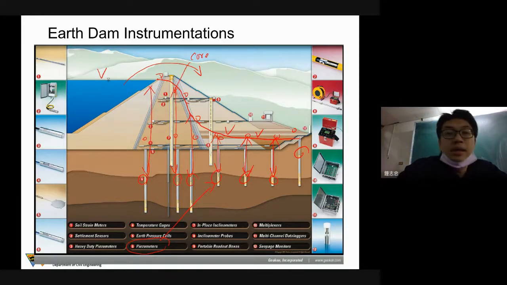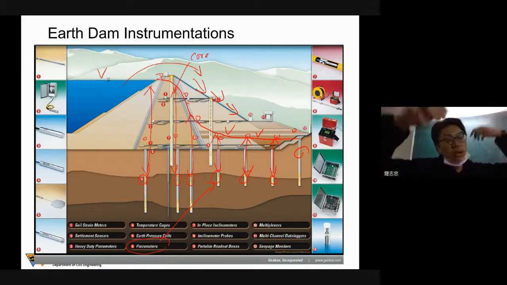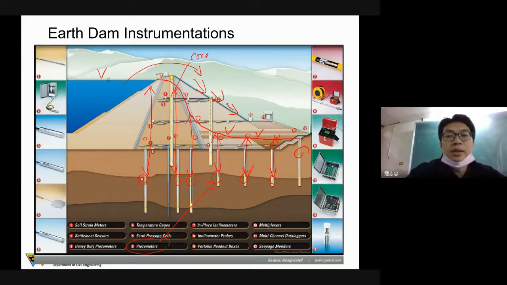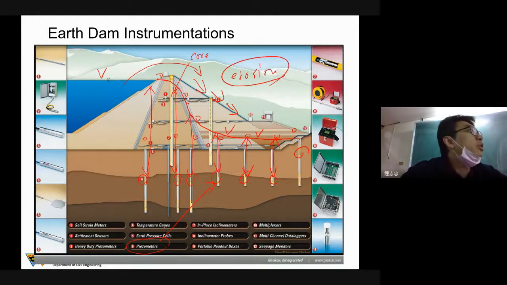Why? Because, as I said, it's made of compacted soil. But if you have overtopping, this flow, just like rainfall, will destroy the surface of the earth dam. And this is what we call erosion, surface erosion.